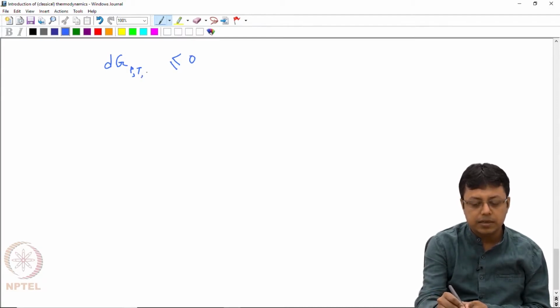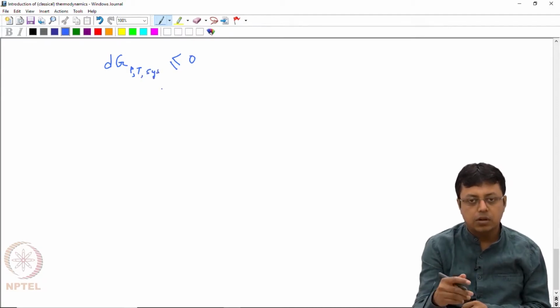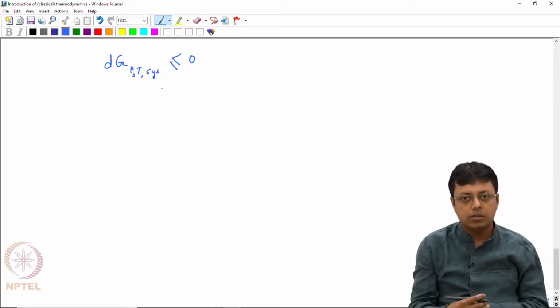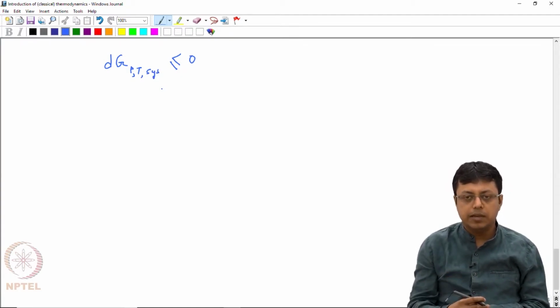This is the Gibbs free energy change of the system. So now we are going to consider how this Gibbs free energy changes with respect to parameters like pressure and temperature, and how we can use it for discussing chemical or physico-chemical transformations.